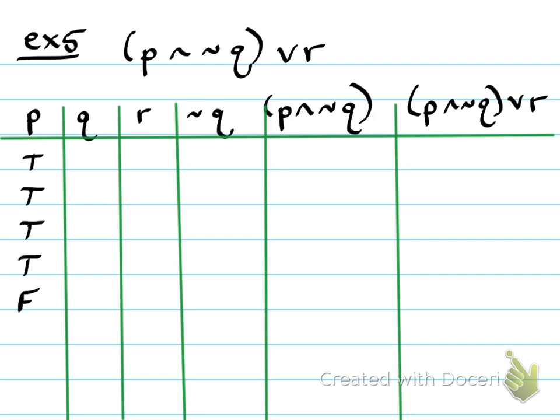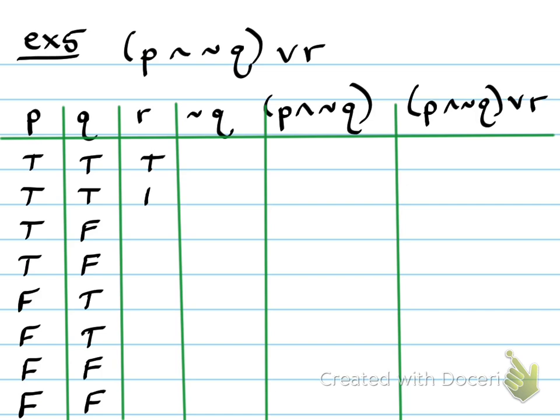And we want all 4 true and then all 4 false for P. And then Q still alternates, but it alternates by 2s. So Q goes true, true, false, false, true, true, false, false. And R alternates every other one. True, false, true, false, true, false, true, false.